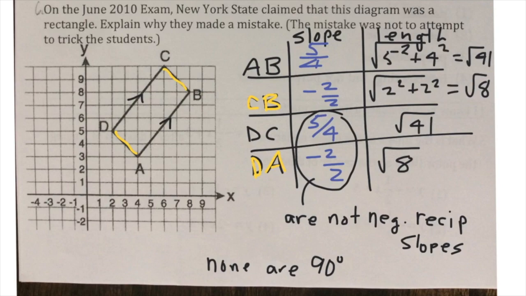And as you can see, the slopes were the same on opposite sides, so it's a parallelogram. As it turns out, the lengths are the same on opposite sides as well, which reinforces the idea that it's a parallelogram. But the lengths won't help me answer this question. To be a rectangle, it has to have those negative reciprocal slopes.